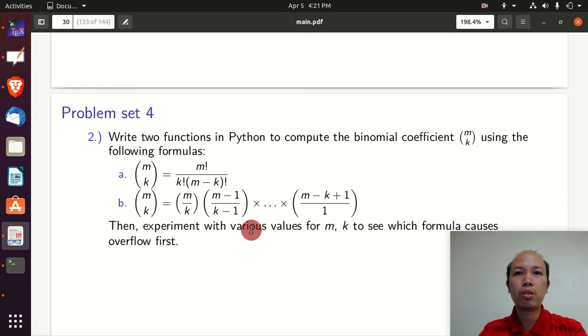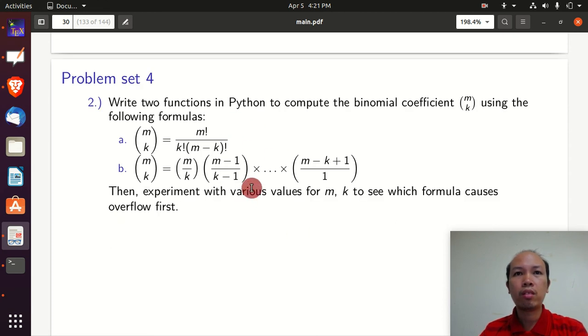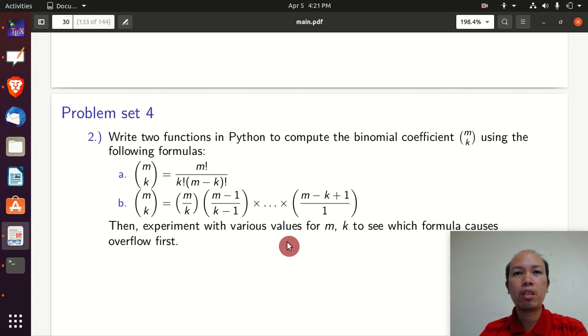So just make use of our previous discussion, get some values of m and k, use the Python functions that you made, experiment, and then discuss which formula is better.